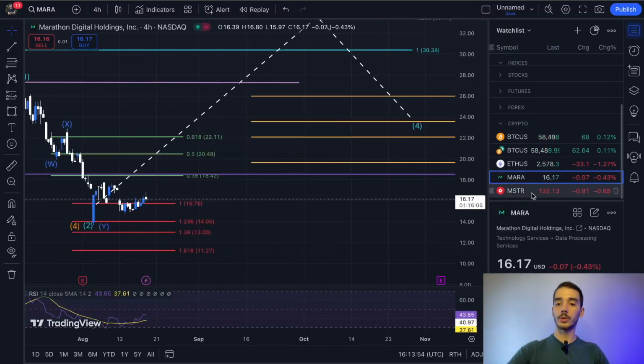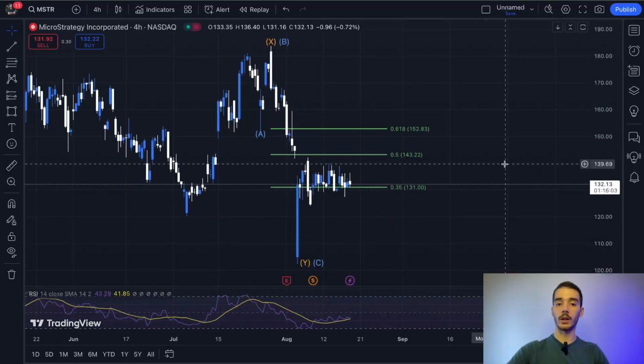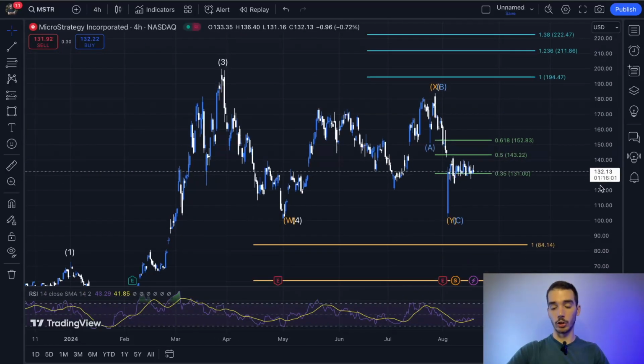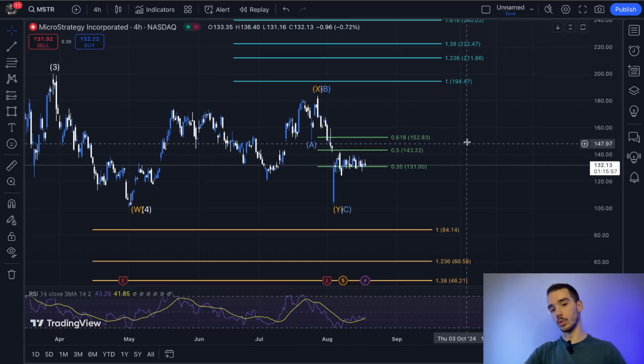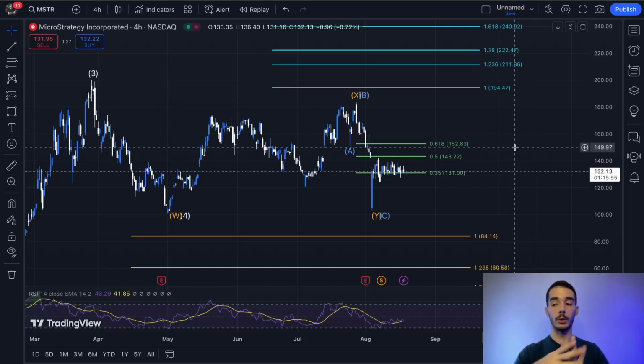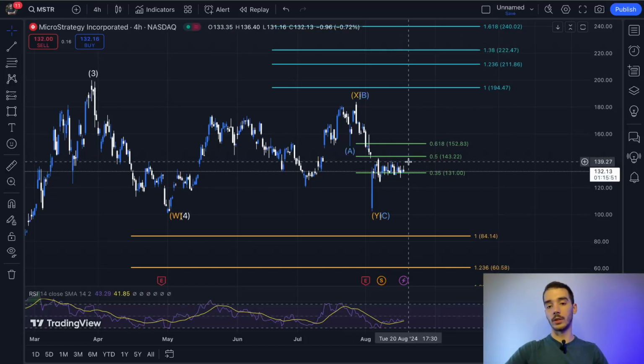MSTR, this one's going to be super simple just because MSTR right now, in my opinion, is acting just like Bitcoin. So if you were to want to trade this, pretty much just trade it like if you're going to trade Bitcoin. Just like Bitcoin, MSTR is holding the green fib area where it broke down, broke above, holding this area.